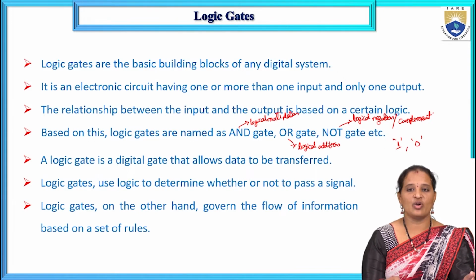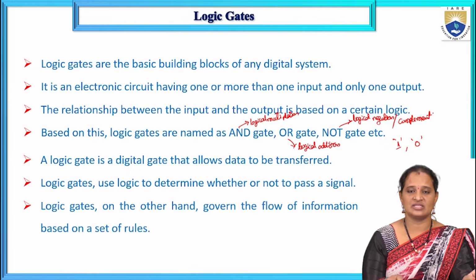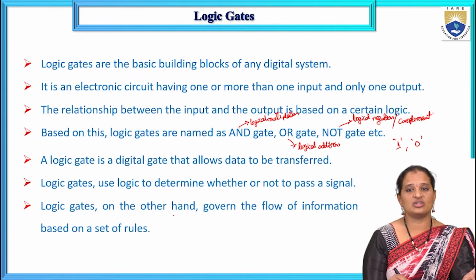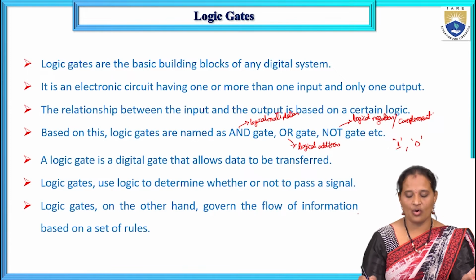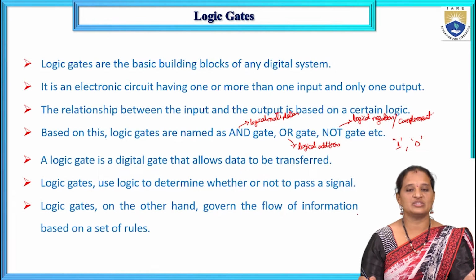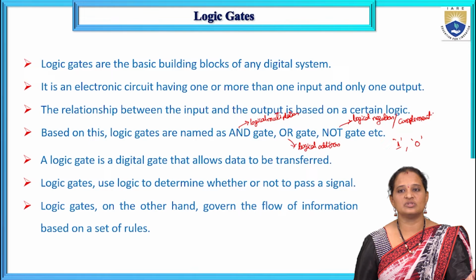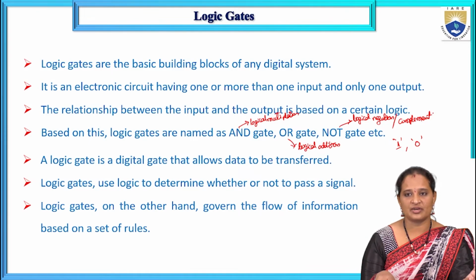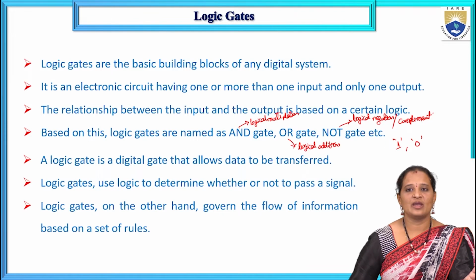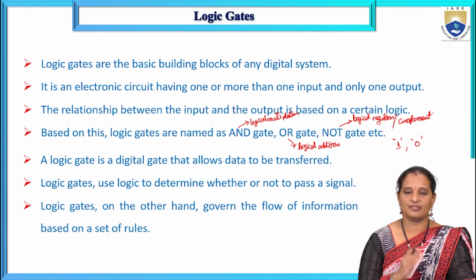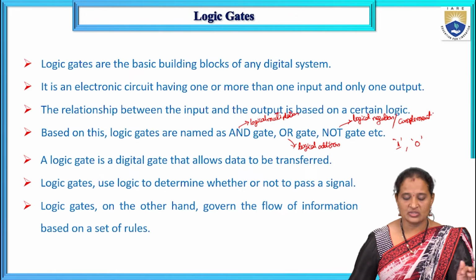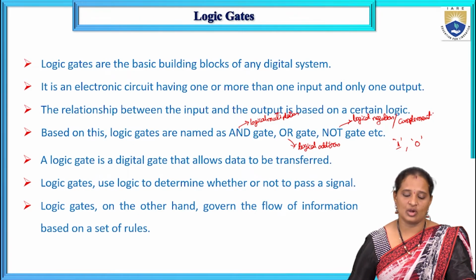So depending on the logic, it determines whether the signal is to be passed or not. Logic gates govern the flow of information based on some set of rules, from input to the output. So this is a basic introduction about logic gates.